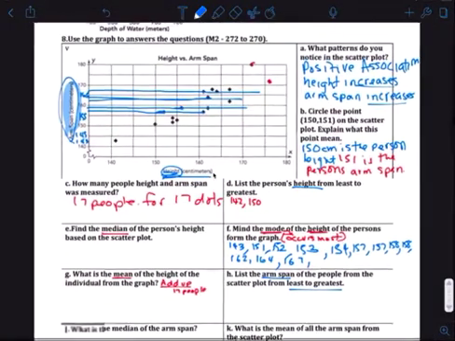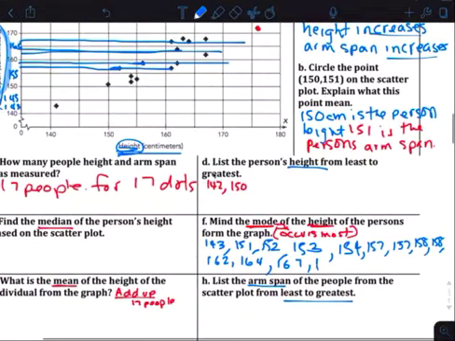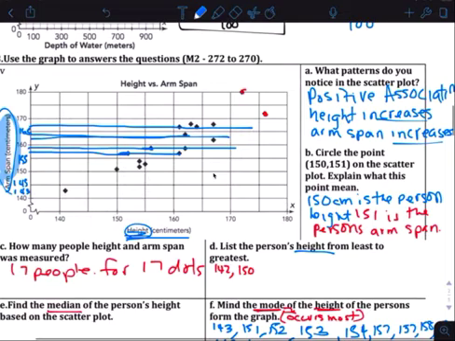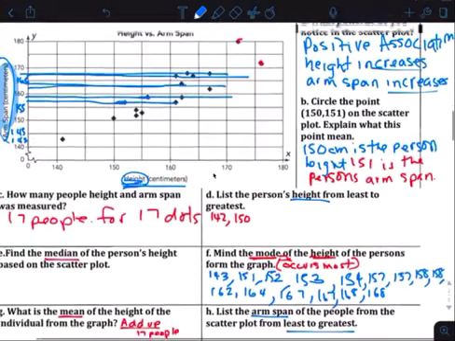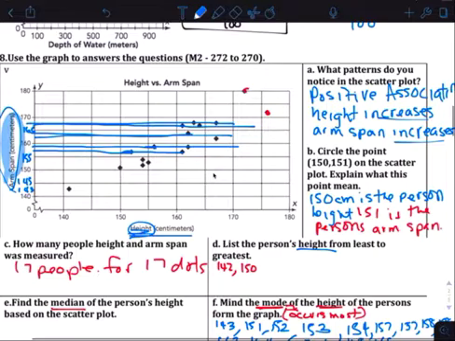167, there's two of them, right, for 167. And then 168, right there, there's two of them. And then this one here is 172.